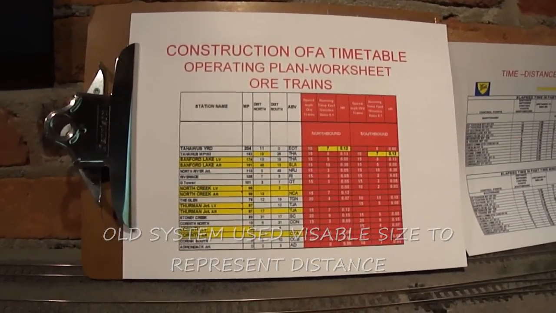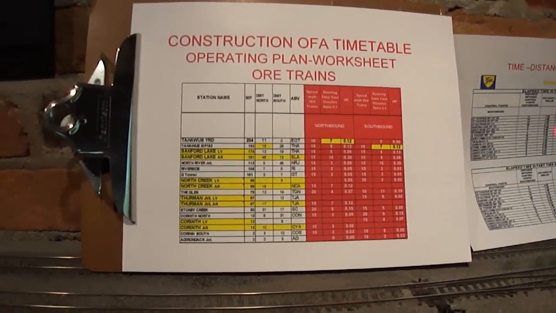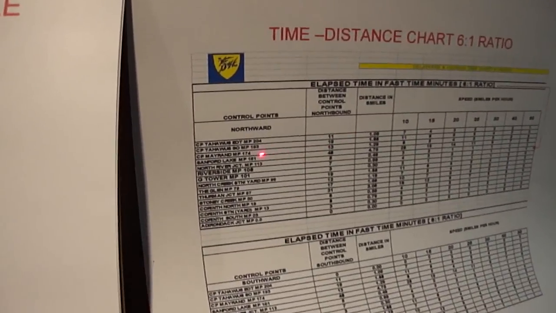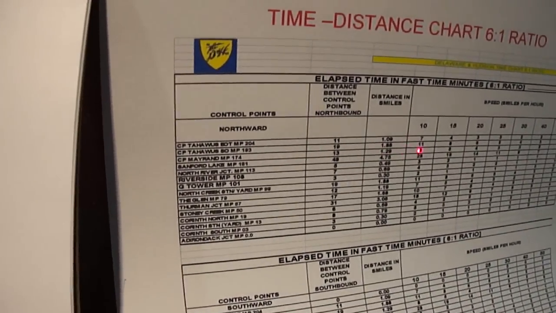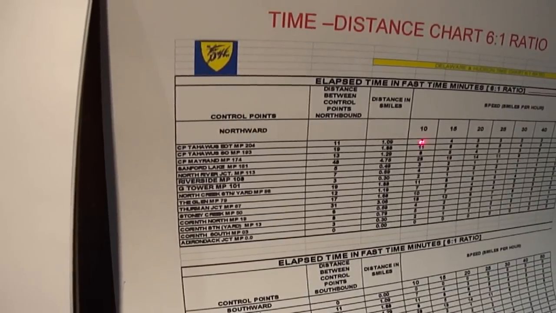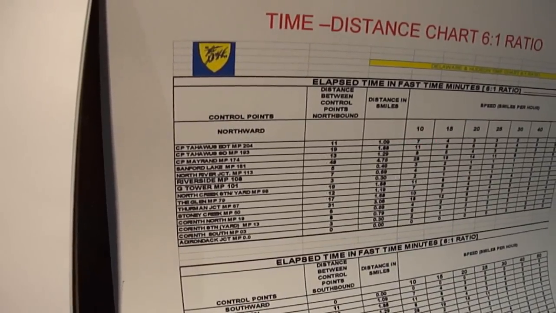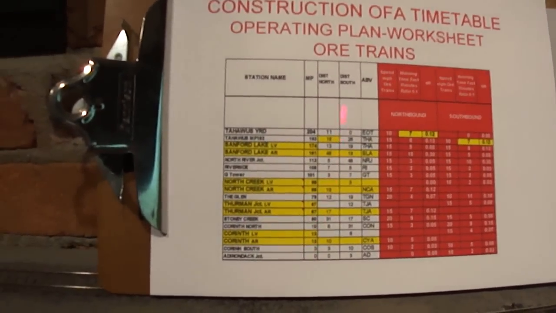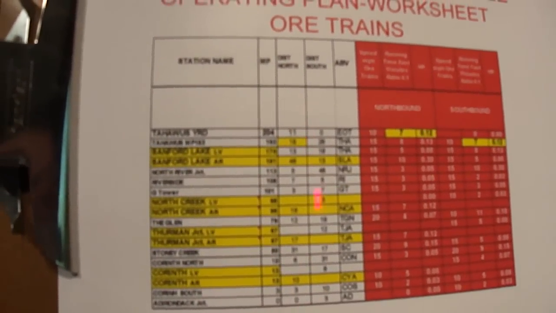What you do is you take your time distance chart, for example here the elapsed time we said between 193 and 204 was 7 minutes in the fast clock. So you build a new spreadsheet that lists all the same stations that you had here, all the mileposts and the distances that you had.